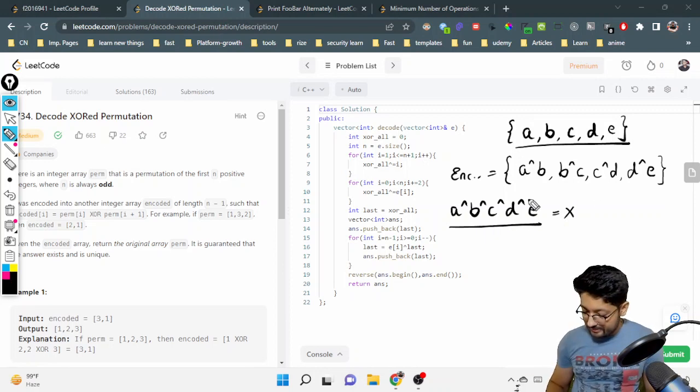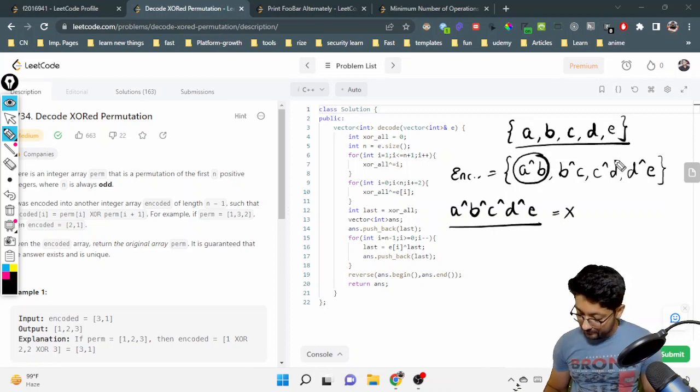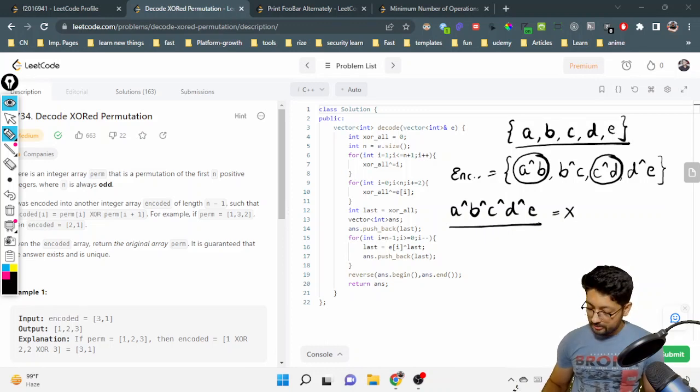Now, in the encoded array that is given to you, if I take every alternate number, A XOR B, C XOR D, because n is odd, I have taken all these even position numbers as pairs. So I have these pair XORs and the complete XOR.